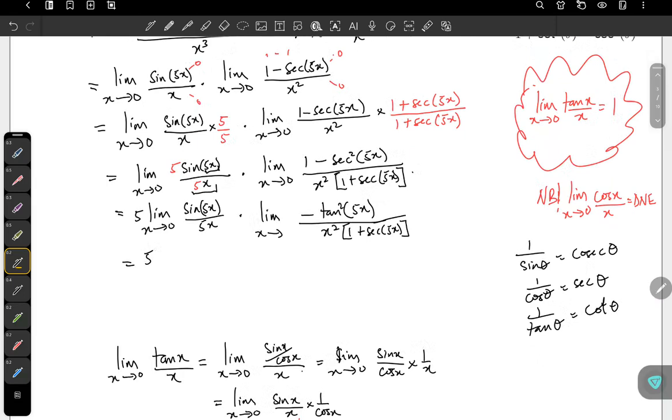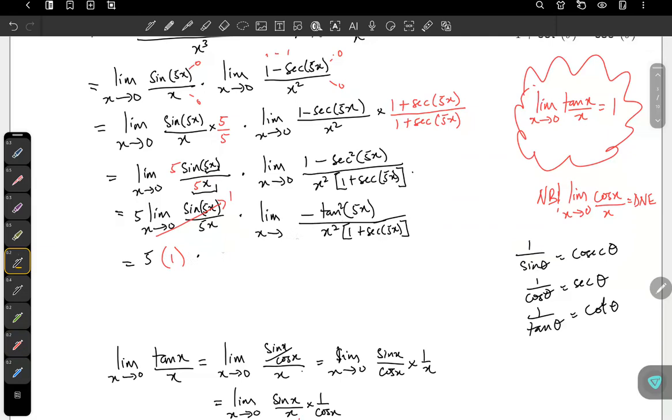And this we already know to be equal to 1. So as x goes to 0, sine 5x goes to 0 and 5x goes to 0. So that is basically our fact. So this is 5 times 1. Then we can cleverly change what is going on here.